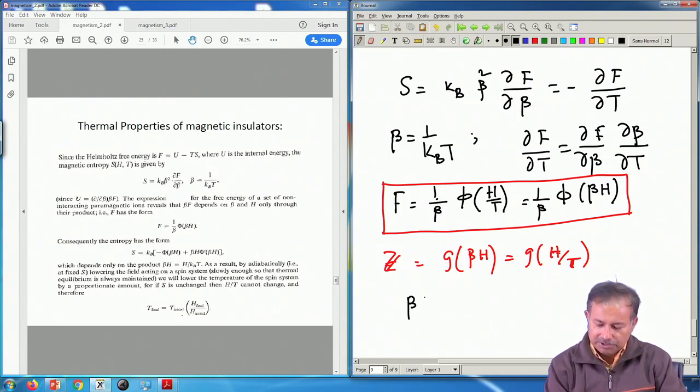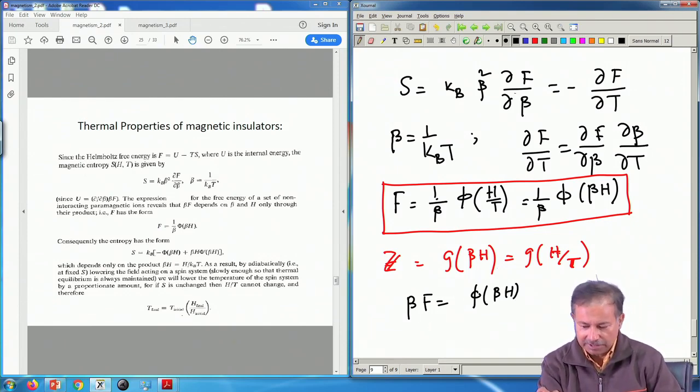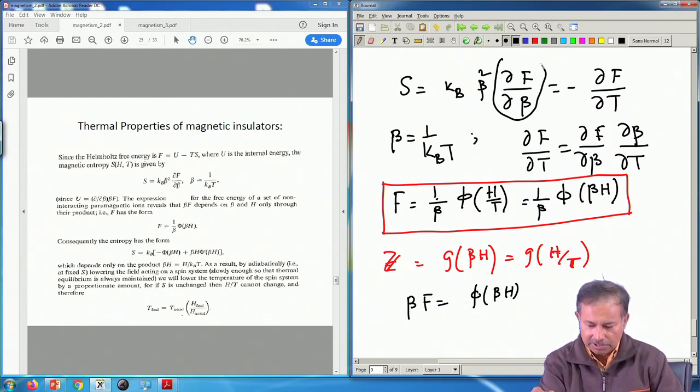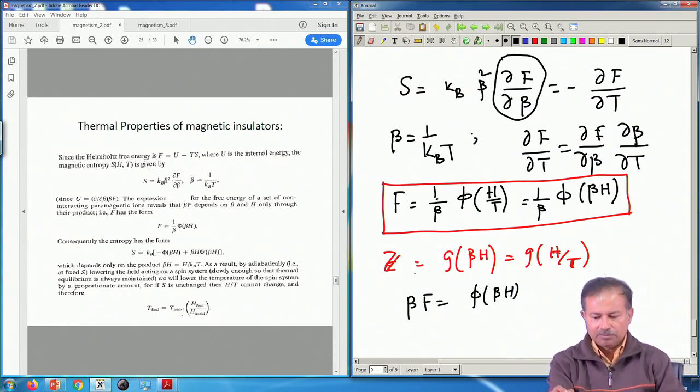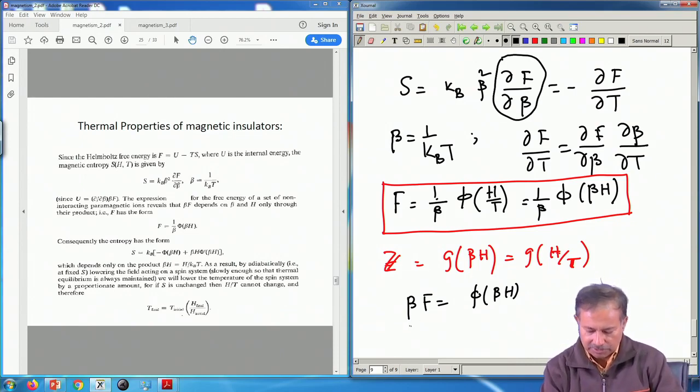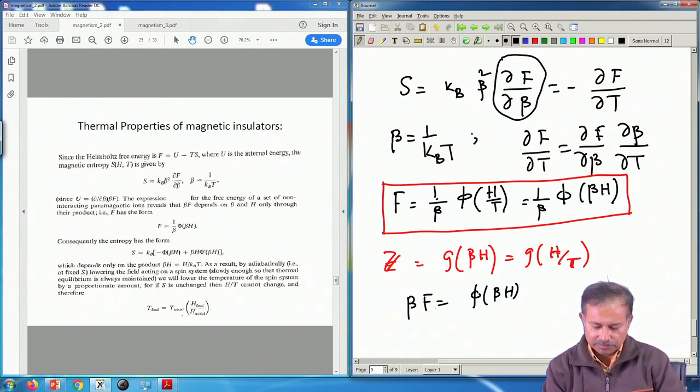So, beta times f is phi of beta h. I need this to calculate entropy; I need del f del beta, then I will multiply by k b into beta square. So, I will take the derivative on both sides.